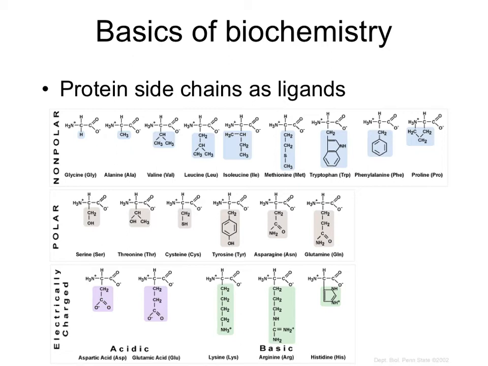So take a look at these side chains and think to yourself for a moment, which ones of these might bind to a transition metal? We've talked a lot about ligands this year. We certainly haven't talked about every possible ligand, but if you think about what a ligand might be, look at these side chains and try to come up with some general trends for which ones would be ligands for a metal. I will pause for a few seconds and then come back.